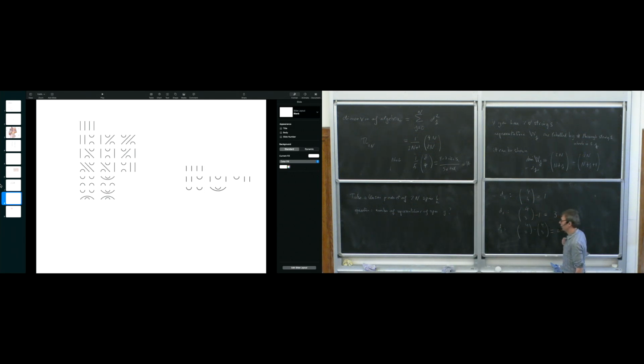Well, it's easy to find the answer to this question. How do you do this? First of all, you count the number of states with Sz equal to j. Let's do that. How do we find Sz equals j? Well, we have 2n spins 1/2, and we start with 2n spins all plus, and we flip m of them.